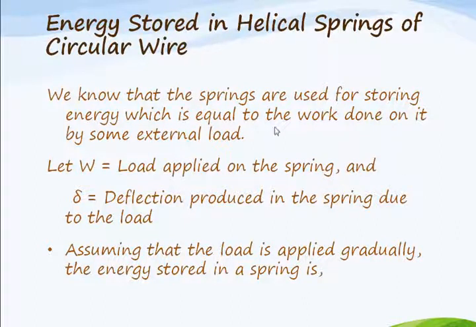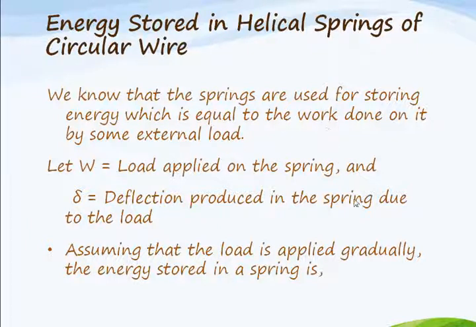Let's see the energy stored in helical springs of circular wire. Generally we know that energy stored is represented by the area of a triangle, which is half W into delta.